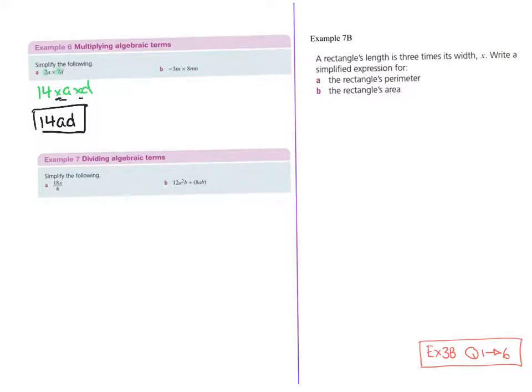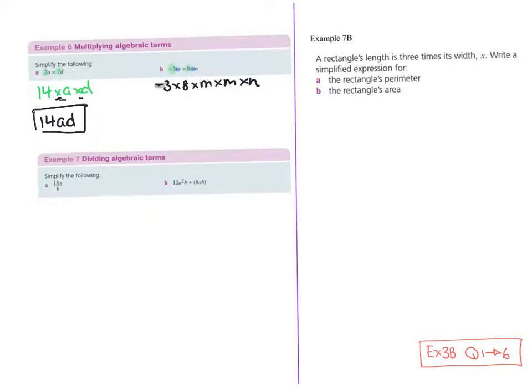Okay, if you look at this one, we're going to multiply the numbers and then the letters. So let's have a look if we do that. We'll have negative 3 times 8 times m times m times n.